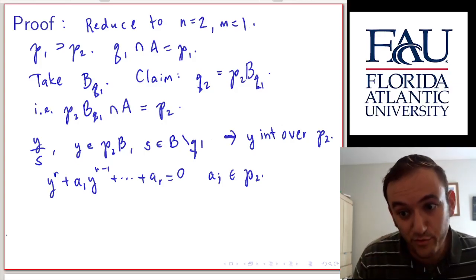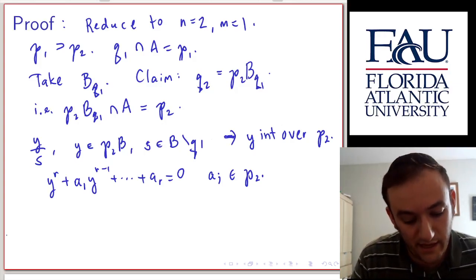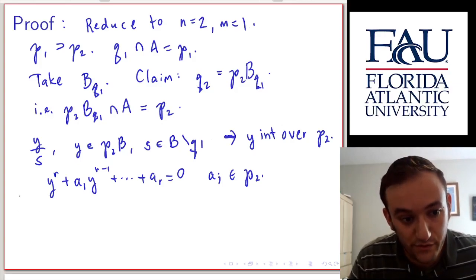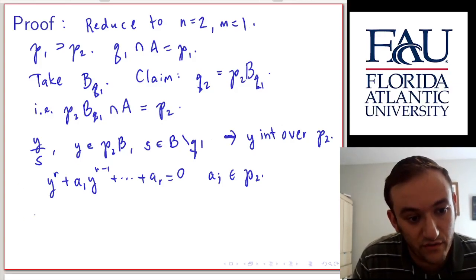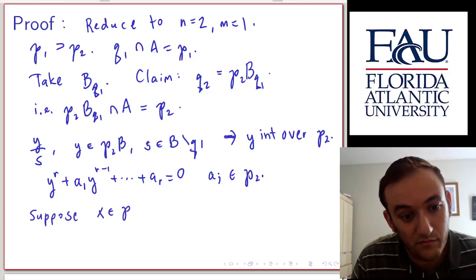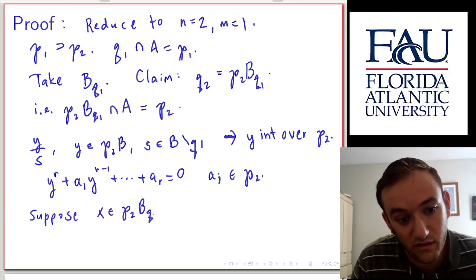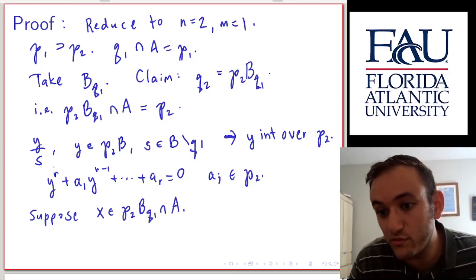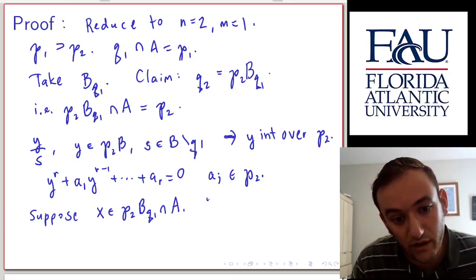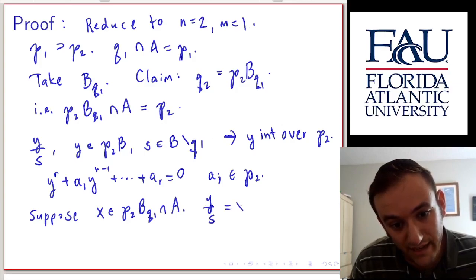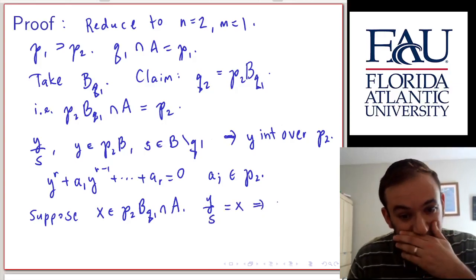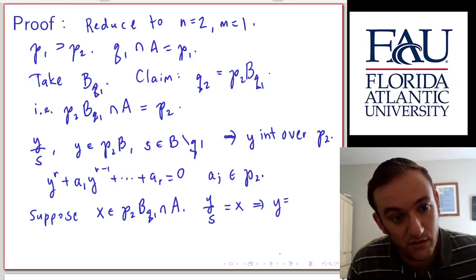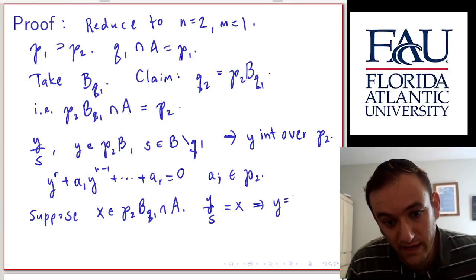So we're trying again to prove that this has intersection with A equal to P2. So suppose we have x in P2 BQ1 intersect A. Okay, so by what we just wrote, we have y over s equals x, which means that y is equal to x s inverse.